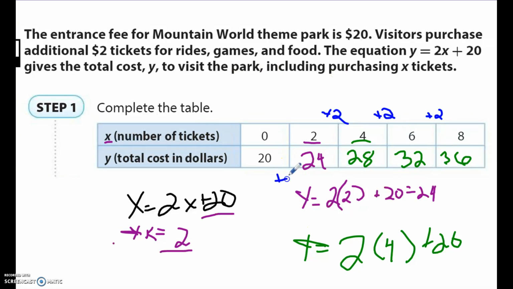But each one of these is going up by plus 4. So now we can look at the relationship between the pattern of the y values and the x values. If we were to think about it, it would be 4 over 2, which gives me that 2 as our rate of change.